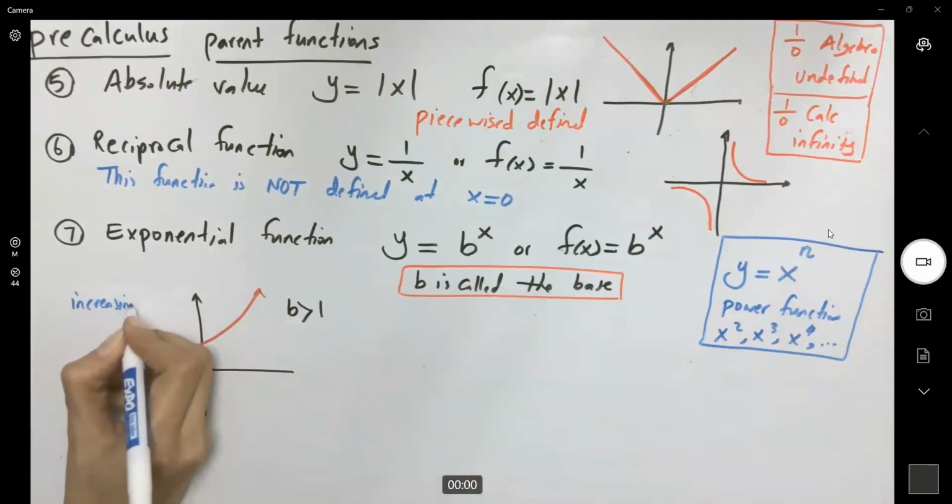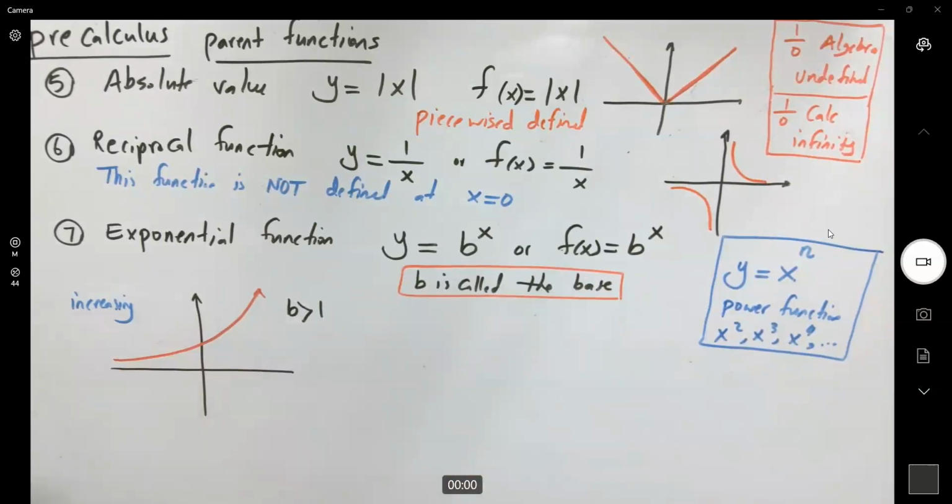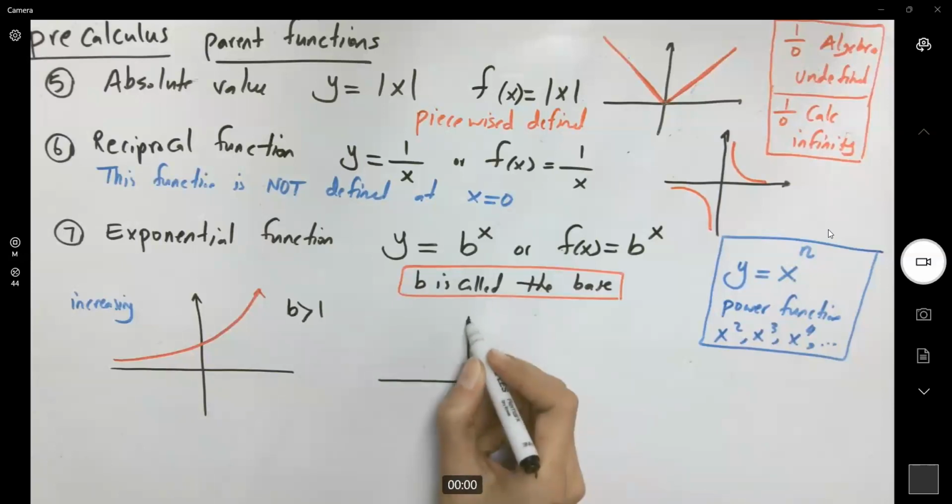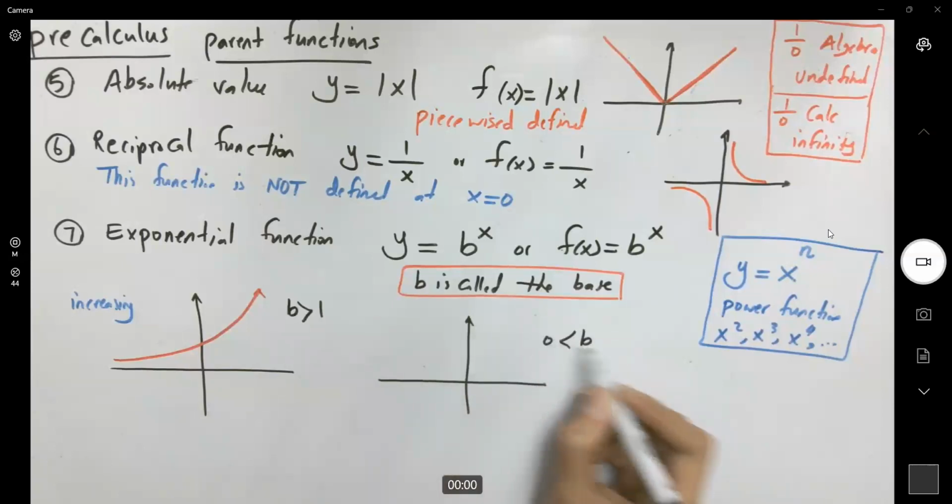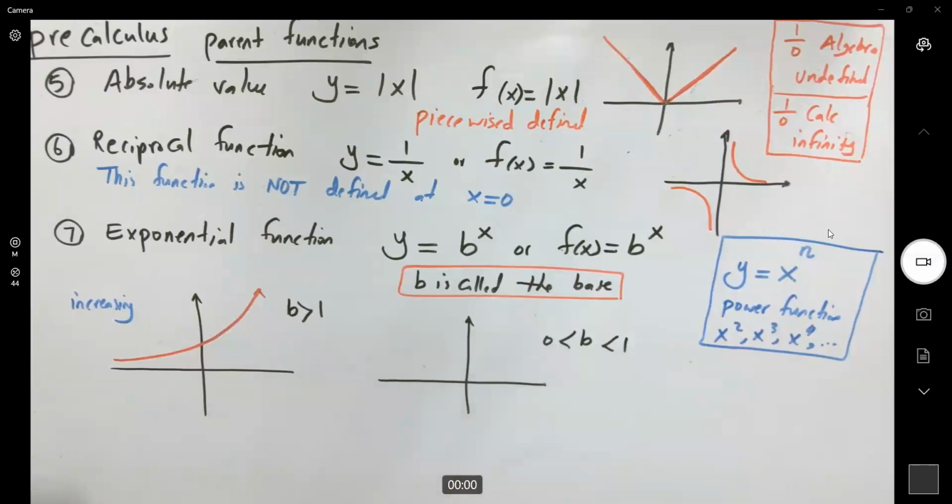You can always use Desmos to double check your graph. If b is in between 0 and 1, we have a decreasing graph. b is between 0 and 1, like a half, a third. Your graph is going to be a decreasing graph.